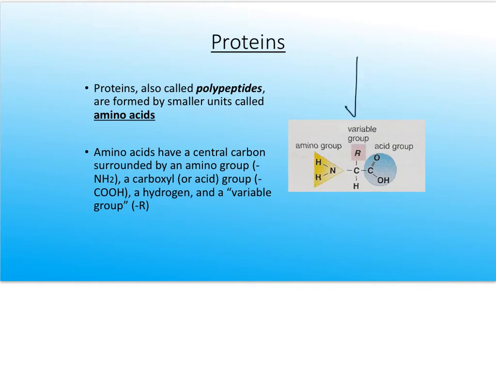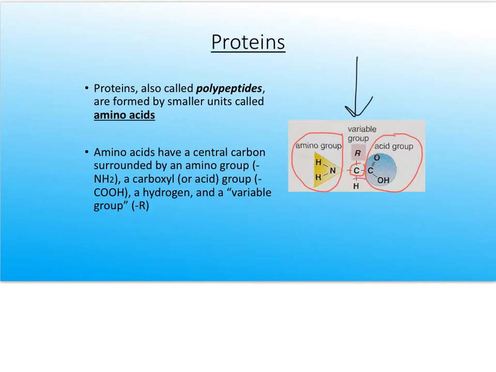Every amino acid has a general structure, like you see right here. Every single one of them is going to have a central carbon in the middle. On one side, it's going to have an amino group, which is an NH2 molecule. On the other side, it's going to have a carboxylic acid group, COOH.